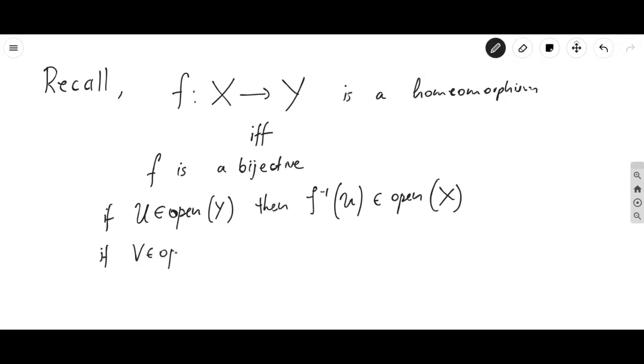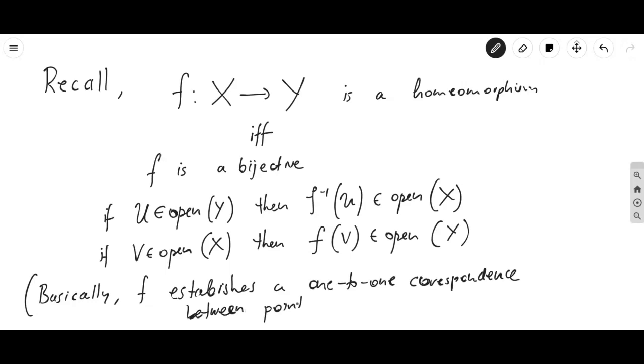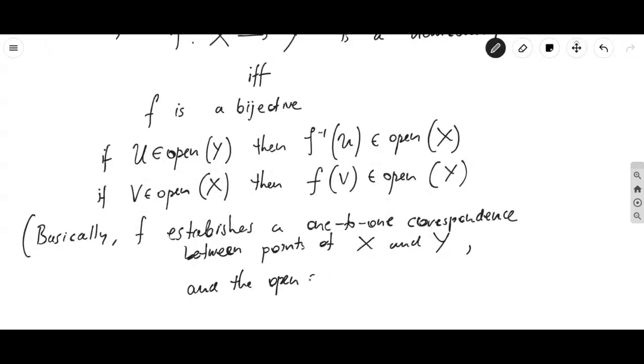And this is saying that if V is something that's open in X, then pushing it forward is something that's open in Y. So basically, F establishes a one-to-one correspondence between the points of X and Y and the open sets in X and Y. Because a topological space does not just consist of points, it also consists of open sets.